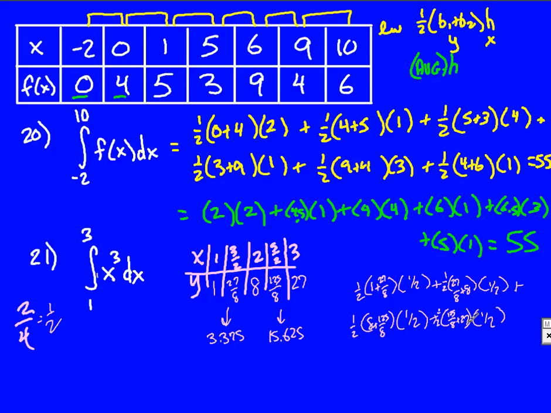When you add all of those up, the numbers you should get are 1.09375, 2.84375, for the third one 5.90625, and the last one is 10.65625.